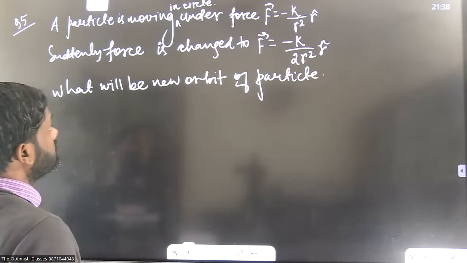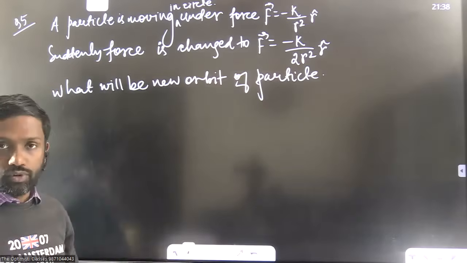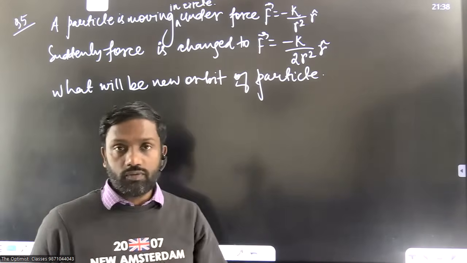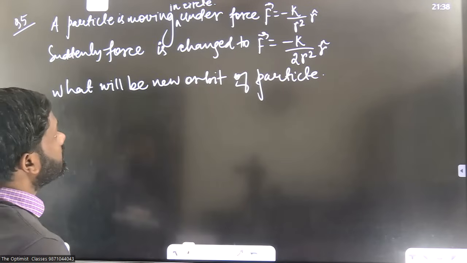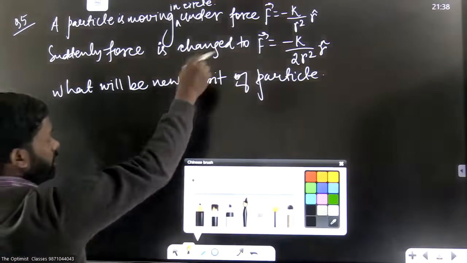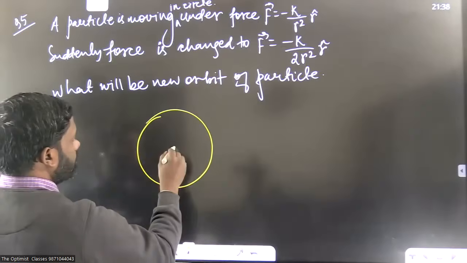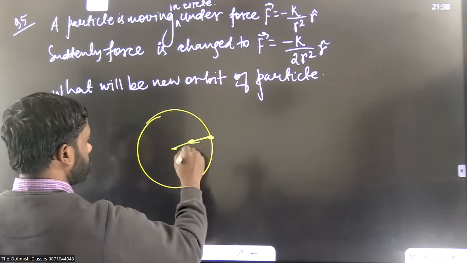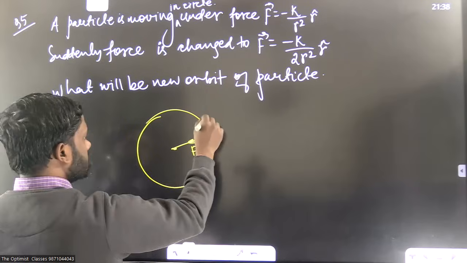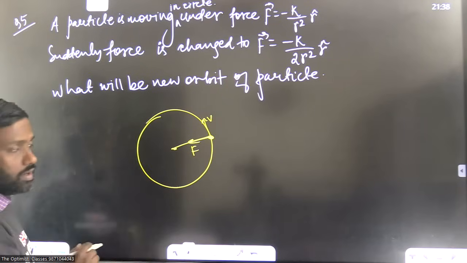It says a particle is moving in circle in this potential. This is another question from central force motion; there were 3 questions from central force motion actually. So a particle is moving in circle. Force is acting in this direction, suppose its speed is v. So let us write radial equation of motion.